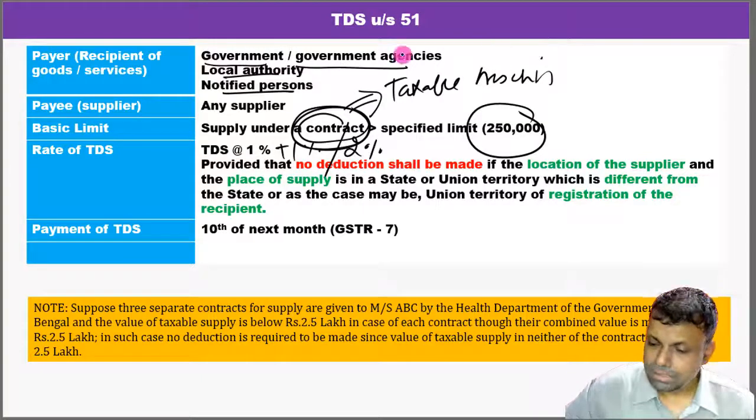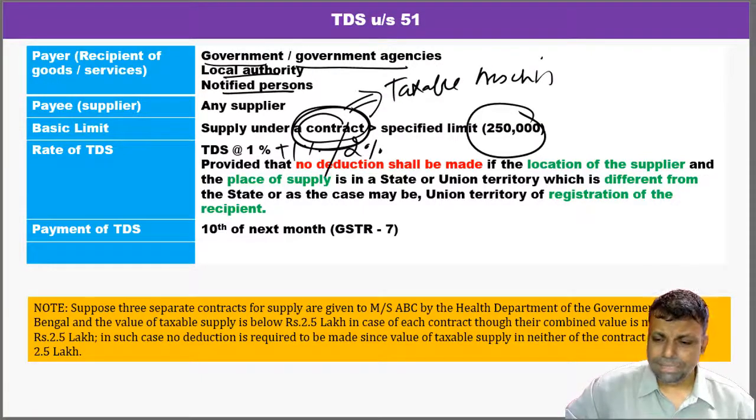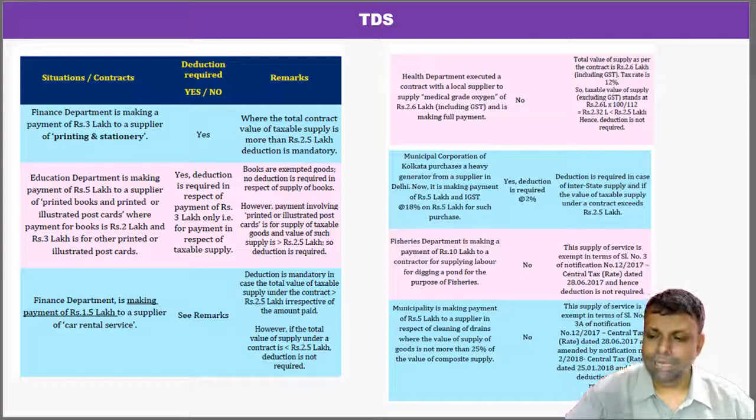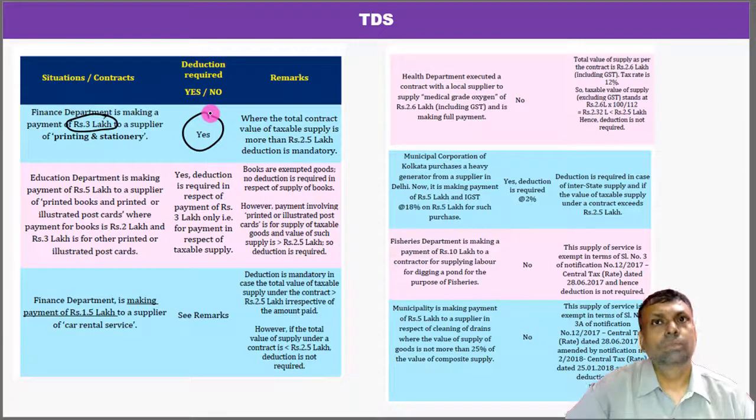Now there are clarifications, but I'll just brief you on that particular clarification very quickly, where the board has already clarified that if there is a contract, for example of 3 lakh rupees, in that particular case the TDS provisions will be applicable. A very simple example.